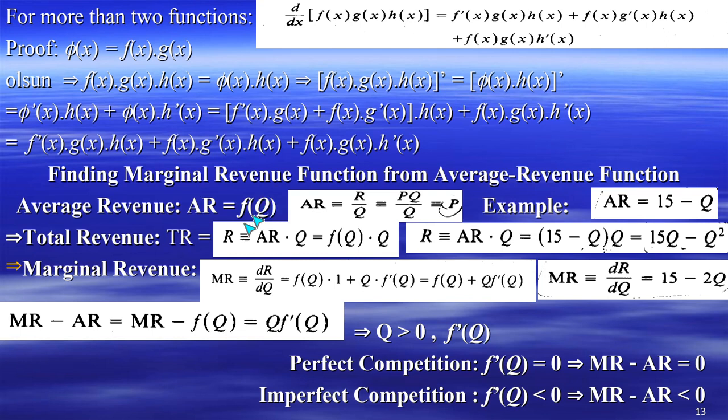This is the typical inverse demand function we encounter in our economic books, where we put the quantity demanded on the horizontal axis, and the price on the vertical axis. It's called the average revenue function. Average revenue is the price.